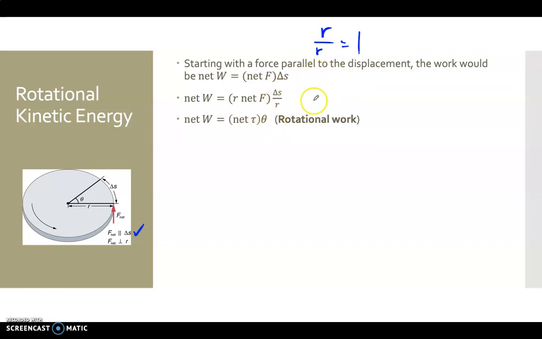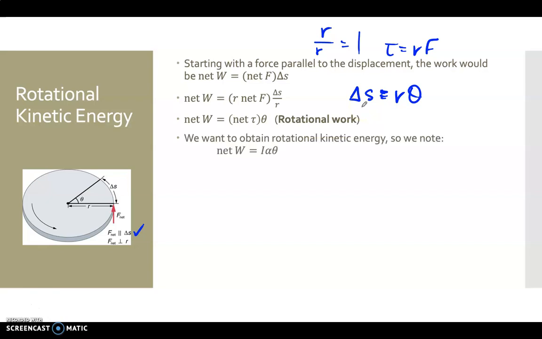Remember that our displacement, delta S, is R times theta, and that's what we're plugging in here. Now we call this rotational work: our net work equals net torque times theta.